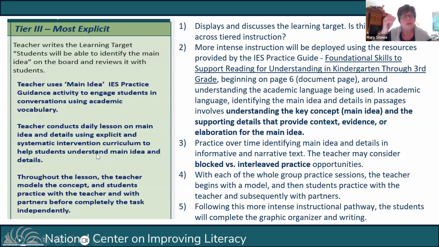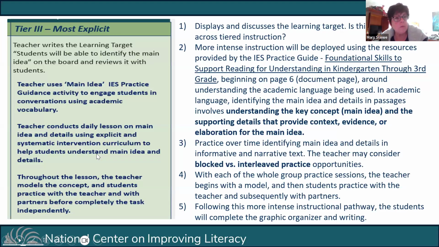And so we're going to think in those terms of even more explicit, more intense intervention around teaching even more about what is the main idea within a paragraph, what are the supporting details, how are they linked together, and we're going to provide context, evidence, and elaboration for the main idea piece.